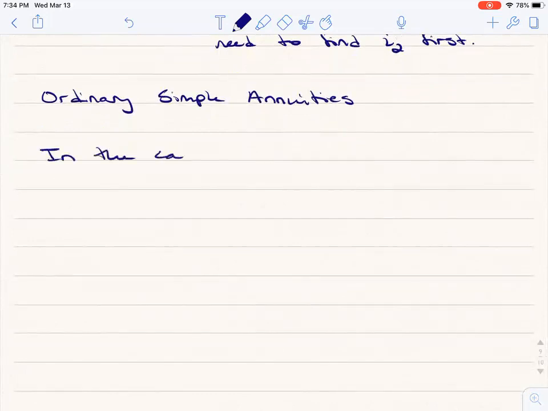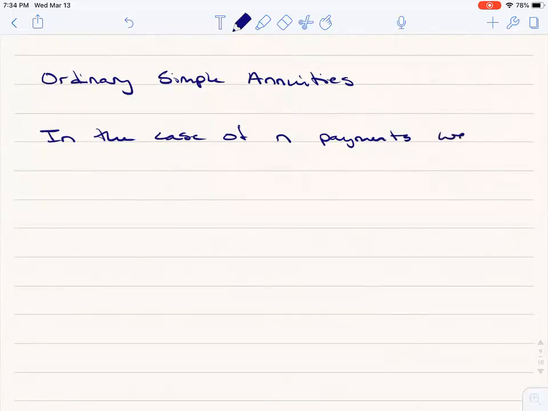In the case of N payments, we find the future value of ordinary simple annuities using the future value formula on the left-hand side of your formula sheet.